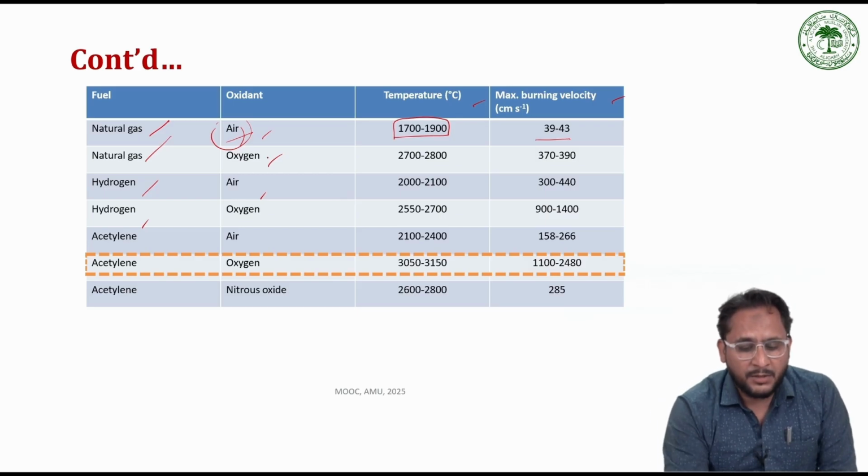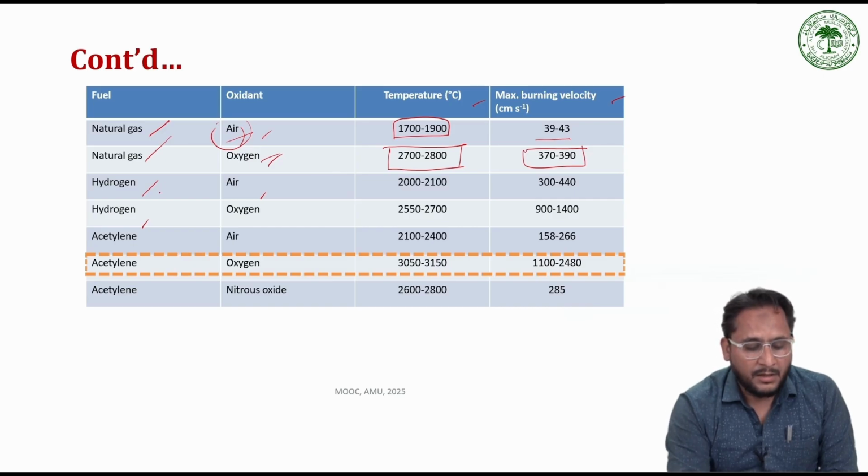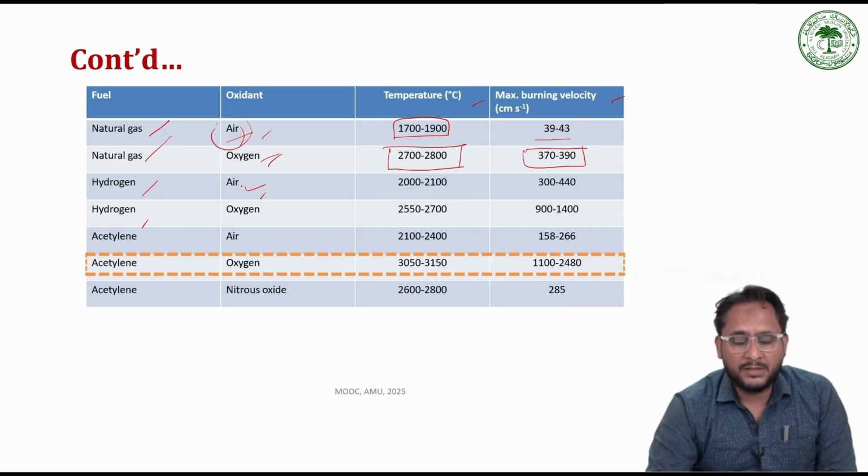On the other hand, if we take pure oxygen, of course higher temperatures can be achieved and the burning velocity is also increased. If we take hydrogen gas with air as an oxidant, a temperature of 2000 or 2100 degrees centigrade can be achieved, while the burning velocities are moderate.